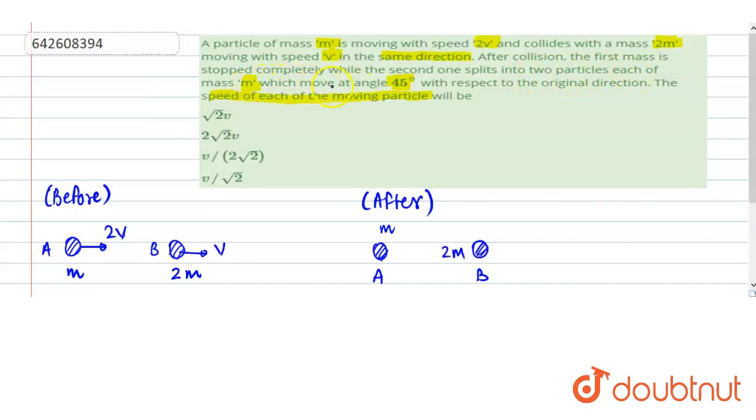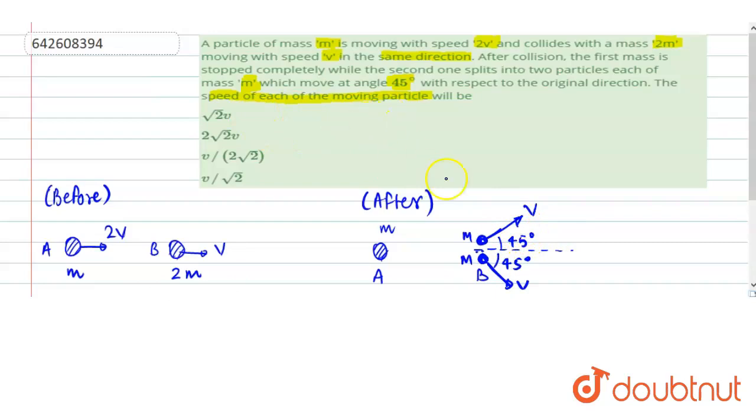Each of the mass m are moving at an angle 45 degree with respect to the initial direction of motion. So the first part is moving like this, the second part is moving like this, and from symmetry we can say they will have the same speed. So this is how the particle B is moving after the collision.